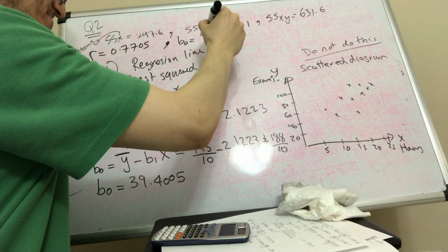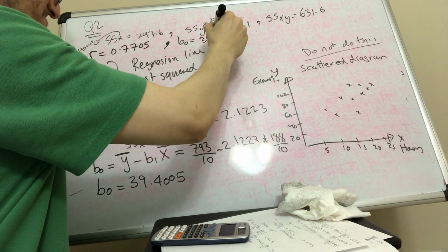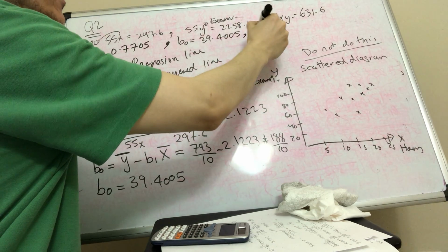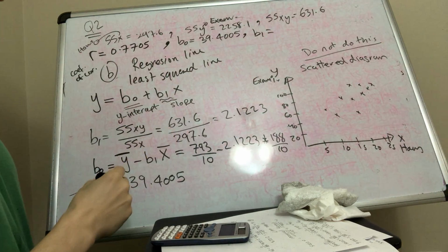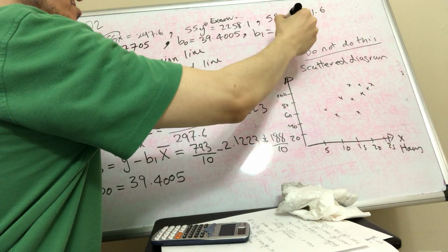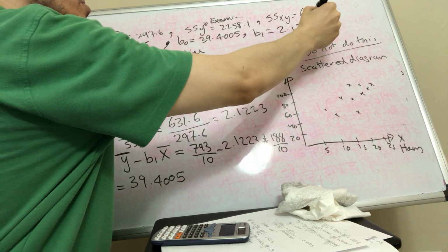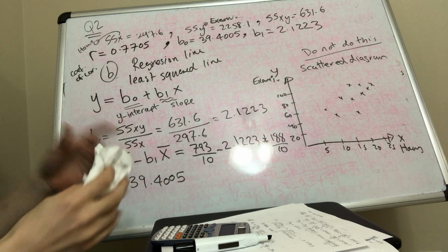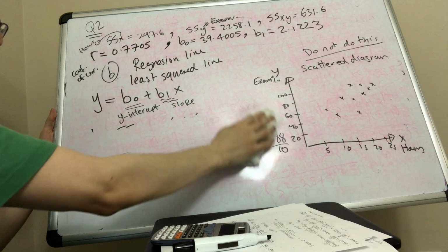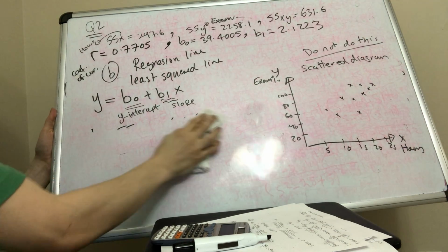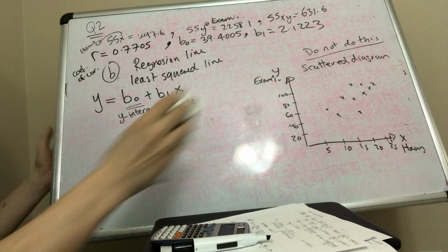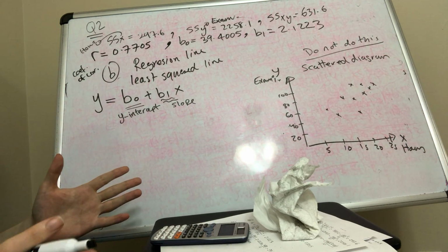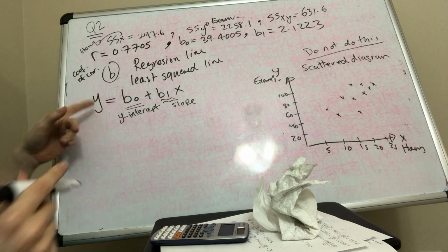B0 is 39.4005, and B1 is 2.1223. So after doing this, we are ready to put everything together in the formula.